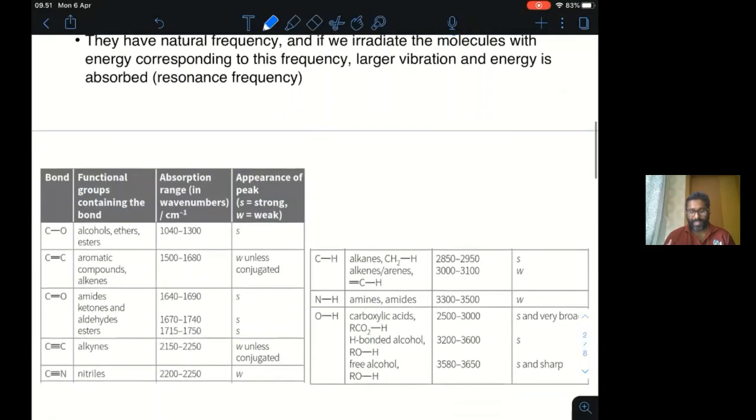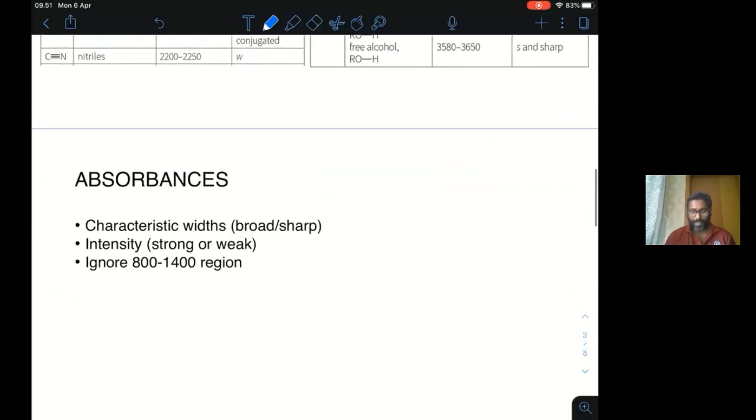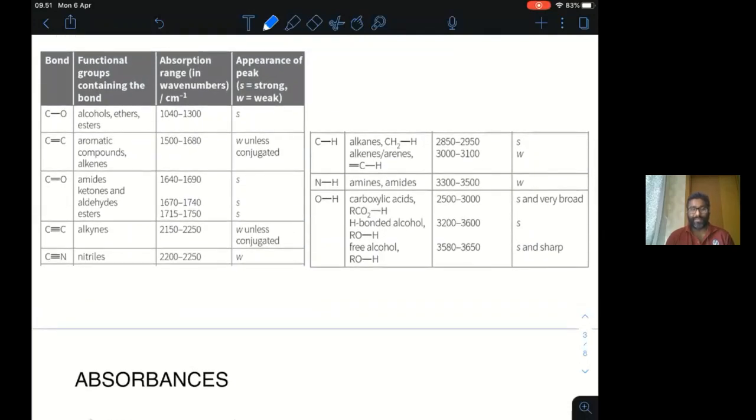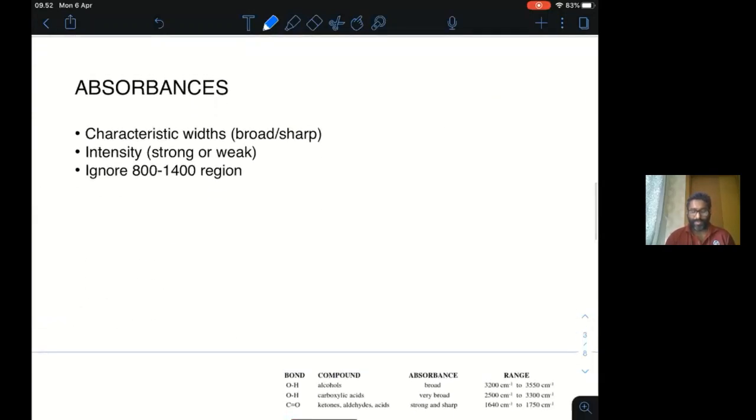Once we detect them, we can identify from the graph, for example, what the absorbance is. They will give you some data and ask what the compound is. If you look at the absorbance, there are different types. They look at the width, which is either broad or sharp, and the intensity, whether it is strong or weak.